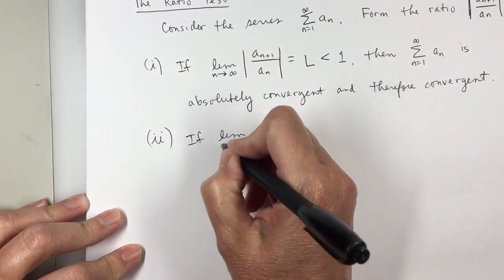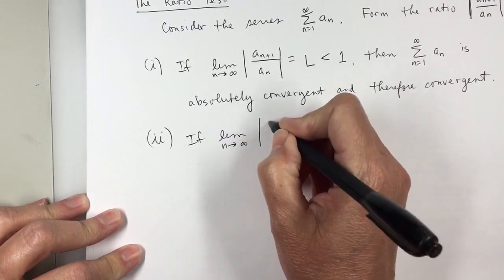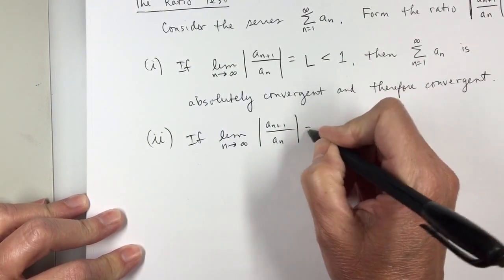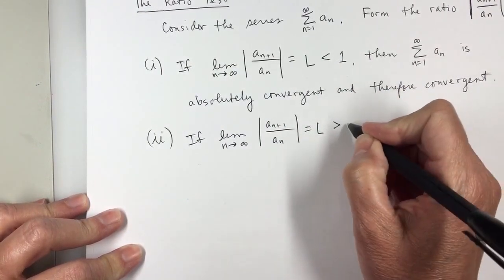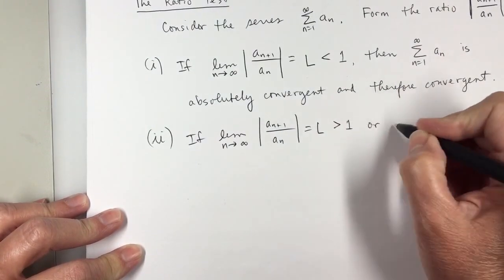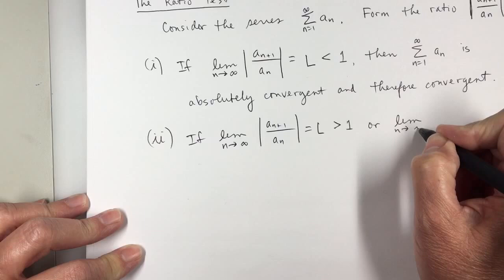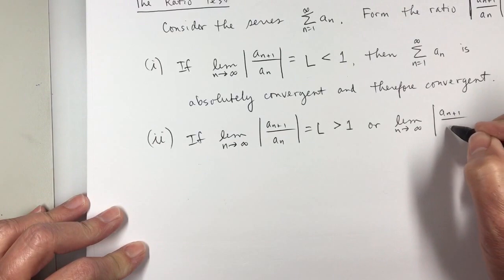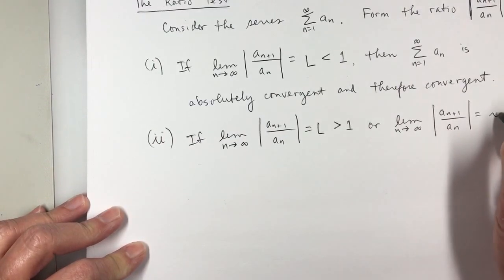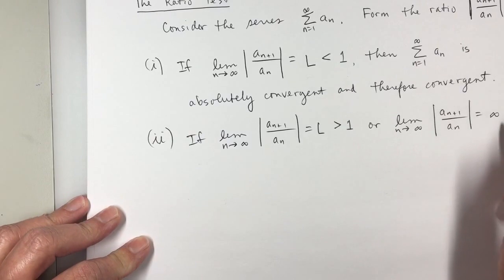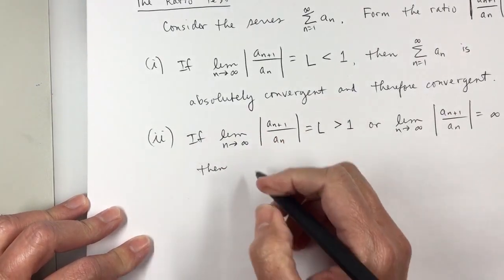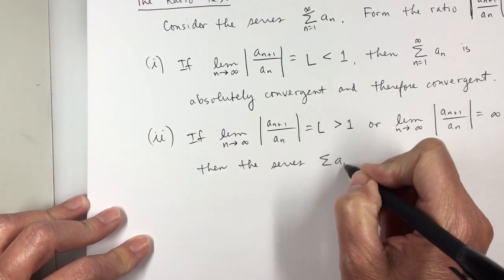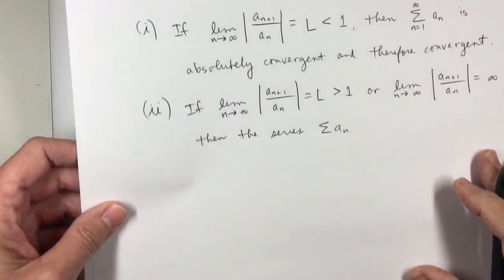So if the limit as n approaches infinity of the absolute value of a sub n plus 1 over a sub n equals some number L, and that's greater than 1, or the limit as n approaches infinity of this ratio of a sub n plus 1 over a sub n equals infinity, then the series, the sum of a sub n, is divergent.